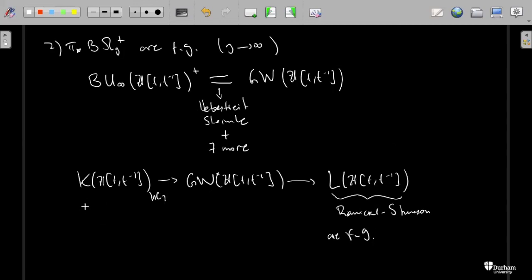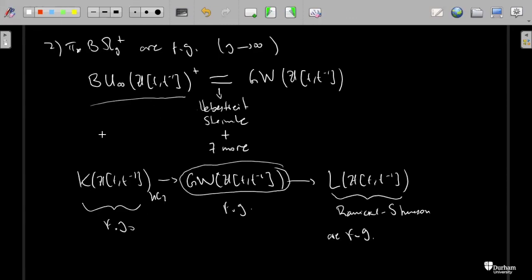And also, this is something that appeared already in this talk. Using Bass-Heller-Swan, you have a splitting of these groups as 2 copies of the K theory of the integers, and those are finitely generated. So in conclusion, this has finitely generated homotopy groups, and hence this space here is going to have finitely generated homotopy groups, right?